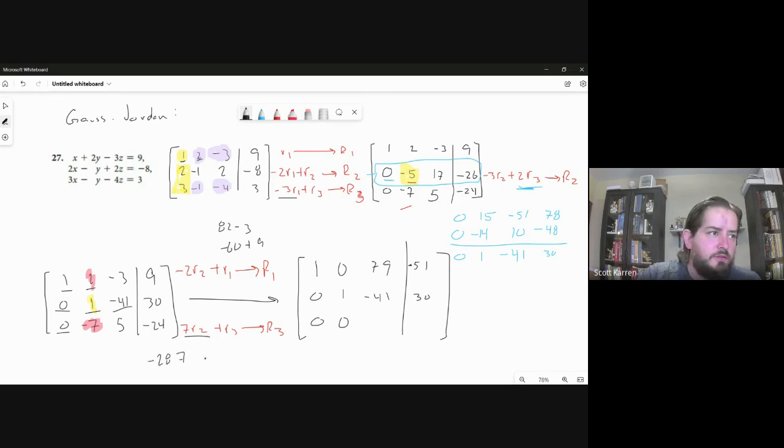It's negative, plus 5. So that's -282. And then 7 times 30 is 210, plus the row 3 element of -24.